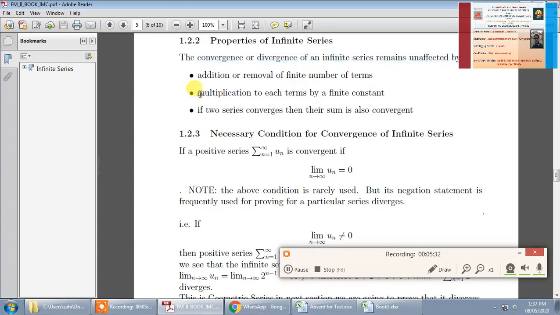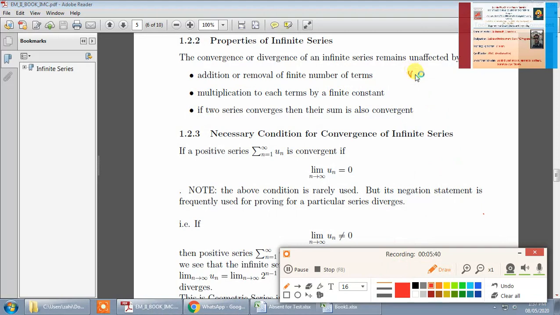For the case of multiplication, suppose that you have a certain series. Let me have an example. Suppose that you have the series u1 plus u2 plus u3 plus u4 plus and so on. Suppose that you delete some term, suppose that you have deleted this term, and this term, and so on.